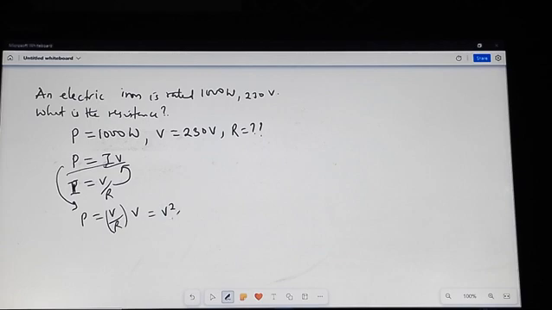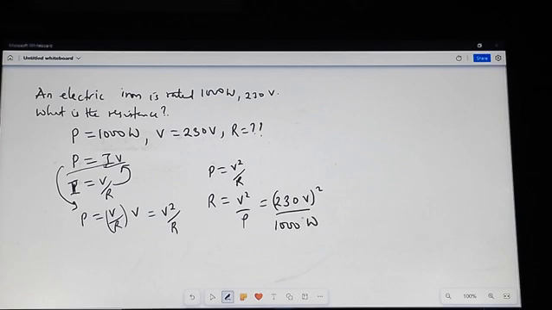V squared over R. So from that equation, since P is V squared over R, that implies that our R will be equal to V squared over P. So you use your calculator to do the maths. 230 volts all squared over the power P, which is 1000 watts.